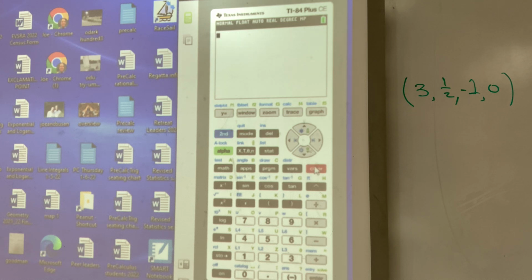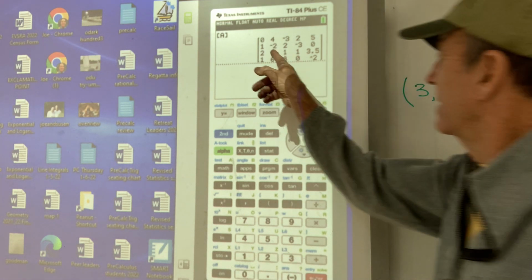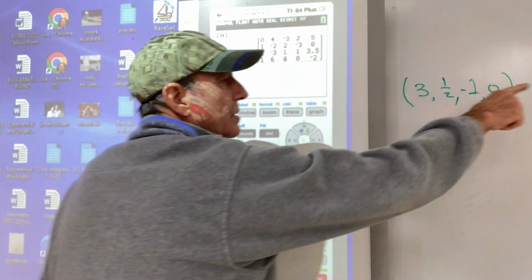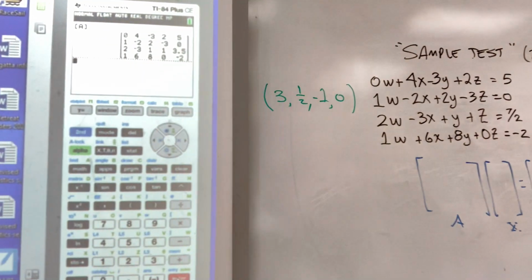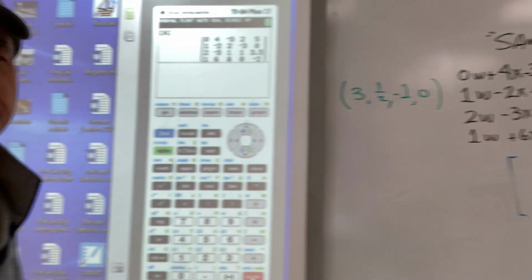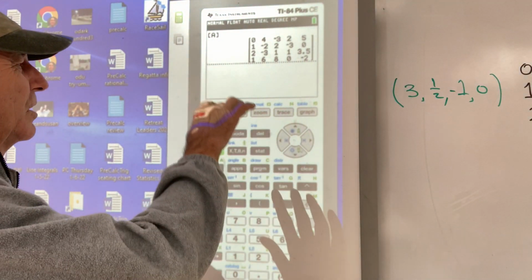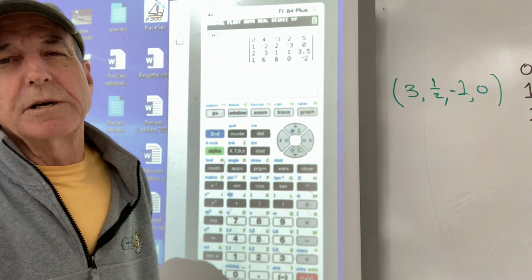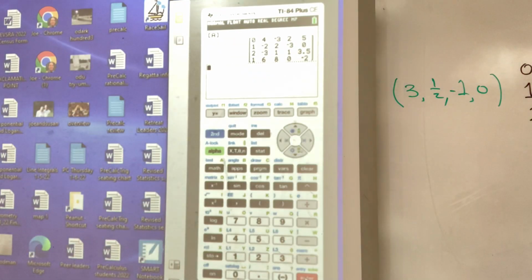So just to see what we've got here, this now is our new matrix A. It has all the original coefficients, right? So the 0, 4, -3, 2, that's in the original problem, but now I've appended as an extra column the constants there.